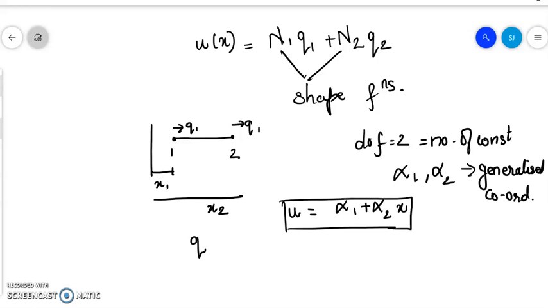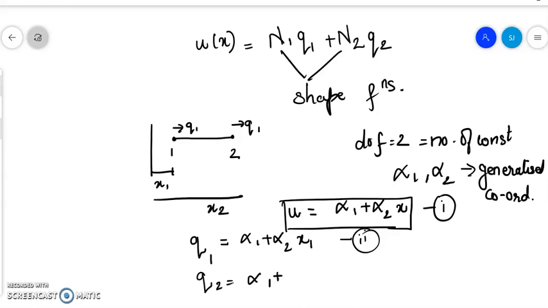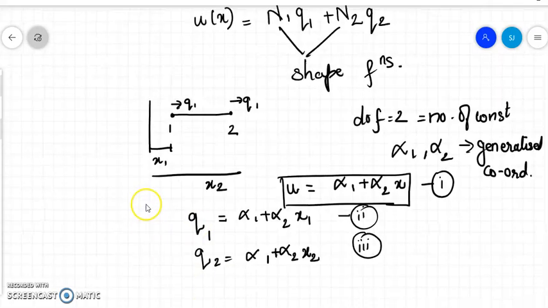Now if I want to write this for the displacement at node 1, it will be q1 equals alpha 1 plus alpha 2 x1. q2 will be equal to alpha 1 plus alpha 2 x2. Let me call it equation 3.